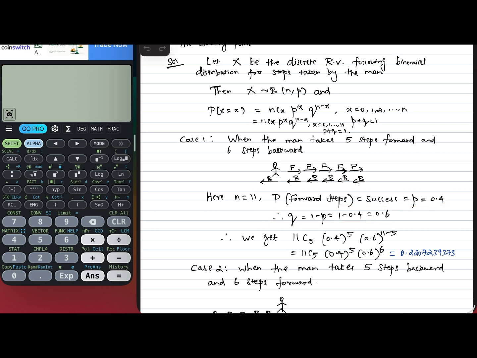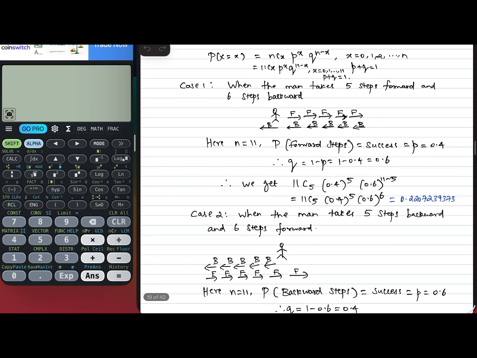When we substitute this in the probability mass function, it is 11C5, because we consider the forward position as 5 steps, right? So 11C5 p to the power x, so that is 0.4 to the power 5, q to the power 11 minus x, so 0.6 to the power 11 minus 5.